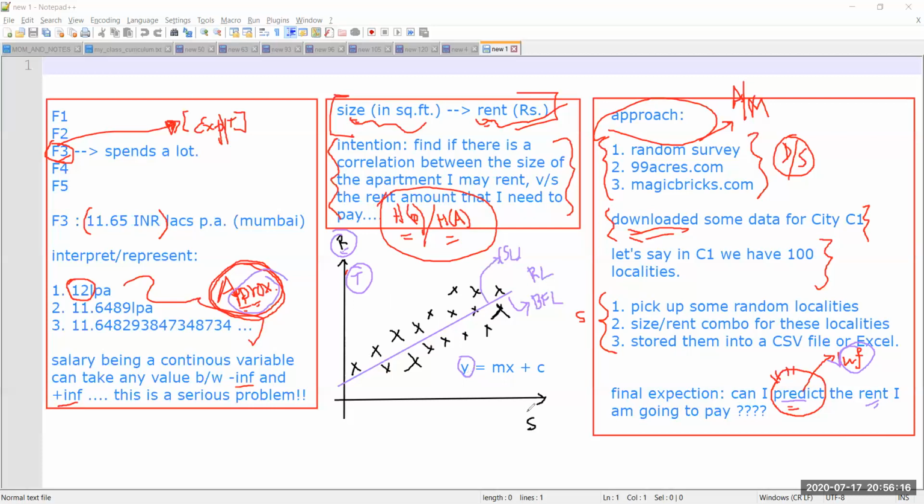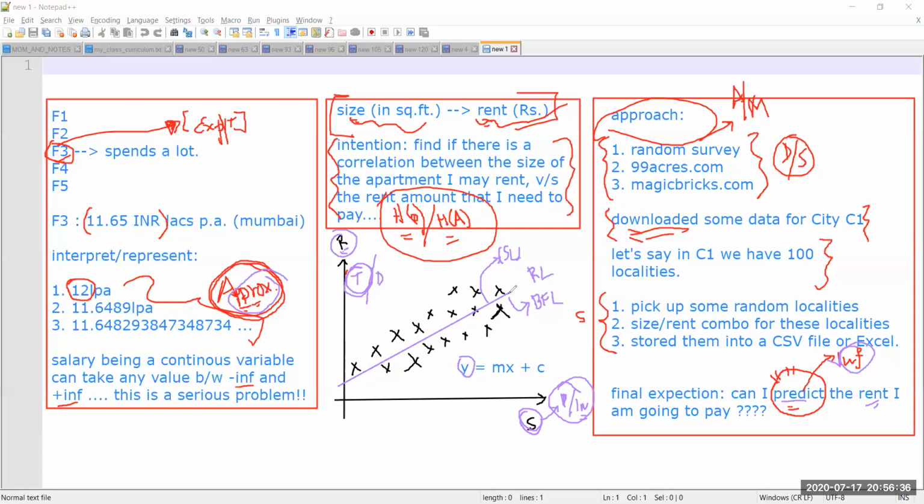And whatever other variable is helping me approximate this target is known as the predictor variable, or the independent variable. The target variable is also known as the dependent variable. Why?